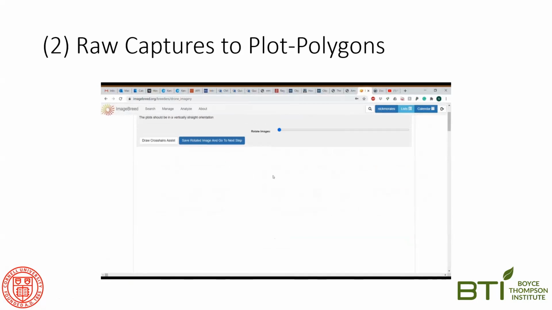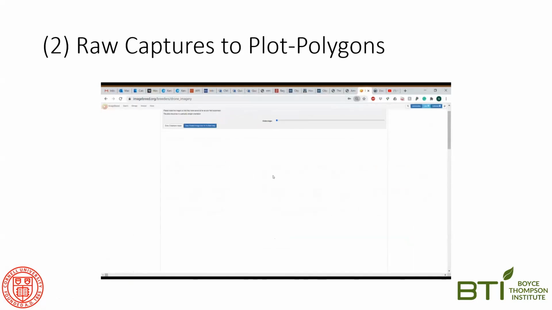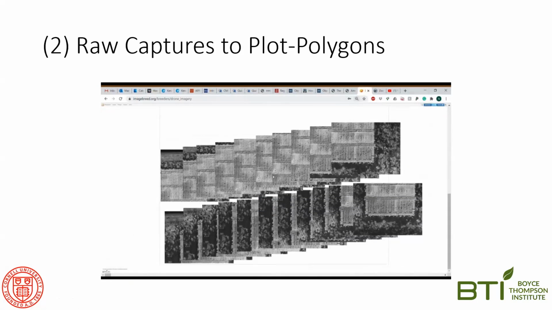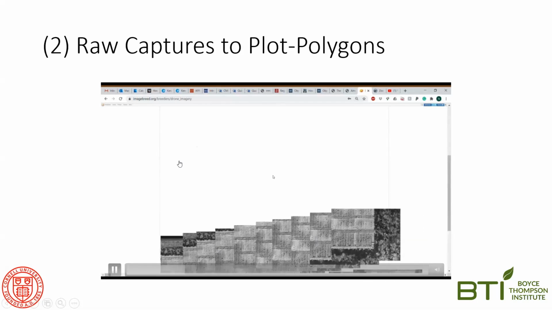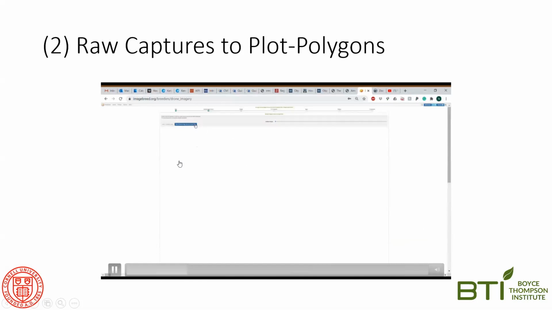The first step is a rotation on the raw captures. So these are the captures, and they're positioned relative to their GPS coordinates. So every capture has a GPS coordinate associated to it, and that's how they're being displayed. And so the first step here is to do a rotation on them.